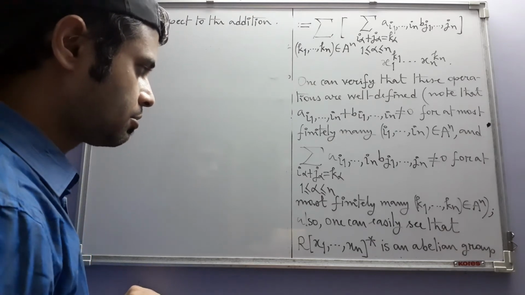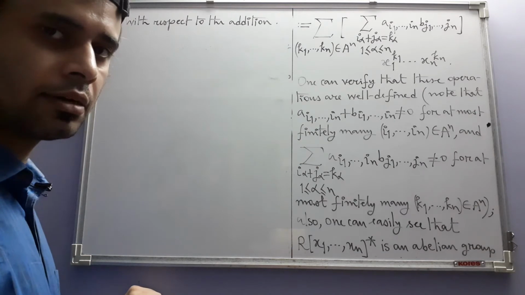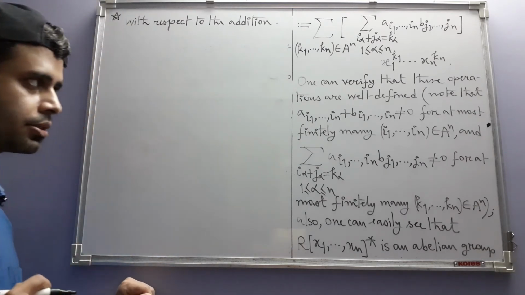Okay, so this is an abelian group, but we want to prove that it's in fact a ring with respect to this addition and that multiplication.